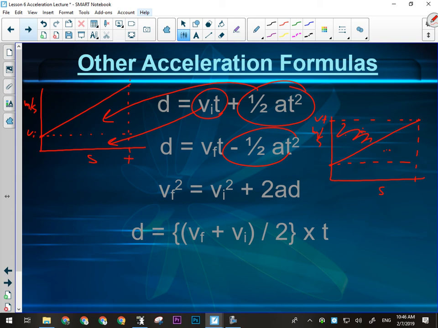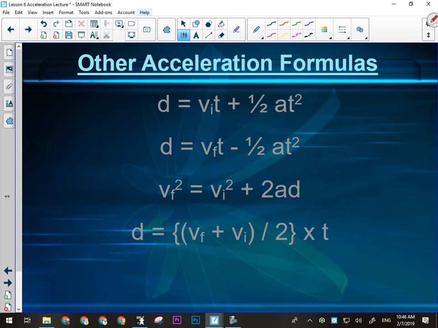Because if you have a situation where you have a non-zero value for VI or VF and you're asked to solve for T, you would have to factor the equation in order to isolate it. Since we can't guarantee that you've taken Math 20 at this point, you are never asked to solve for T using that formula if VI or VF are not 0. If VI or VF are 0, then you will be asked to solve for T, and here's why.